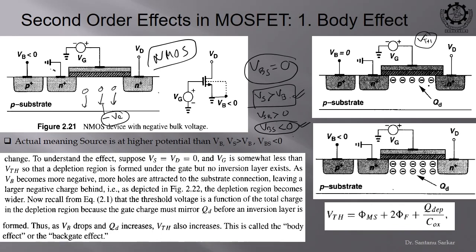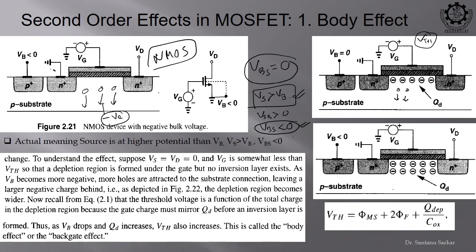So, if holes are repelled, what will remain there? Immovable negative ions, right. I have given a positive voltage at the gate and holes are repelled, and what remains is immovable negative ions. Suppose because of this condition there are 5 immovable ions. Clear? Up to this clear?